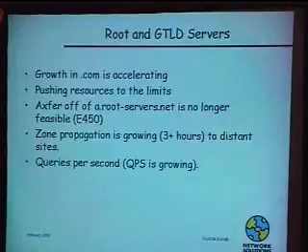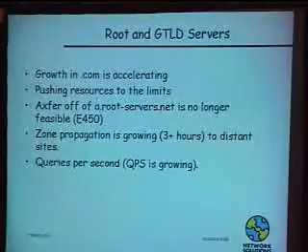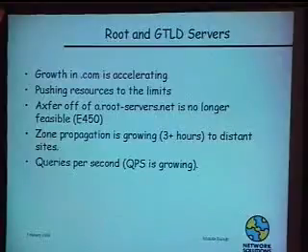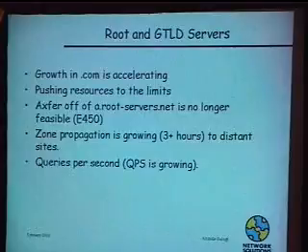Growth in comms, of course, is accelerating, and with the advent of the Registrar and Registry Split, it's actually accelerated even more. And this is really essentially putting our resources to the limits. For example, one of the things that the other root and gTLD servers did in the past was be able to zone transfer off of A. And that's really no longer possible.